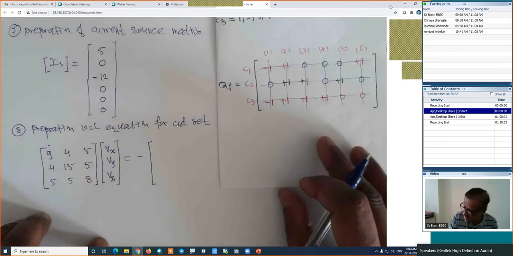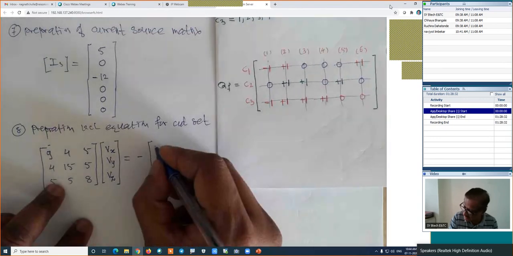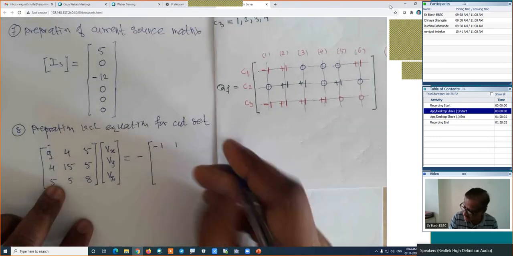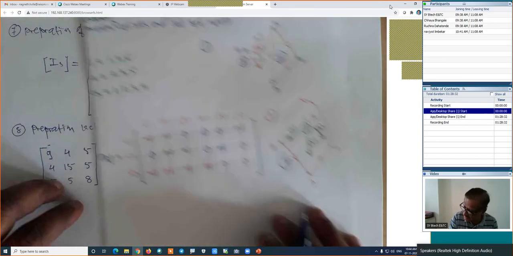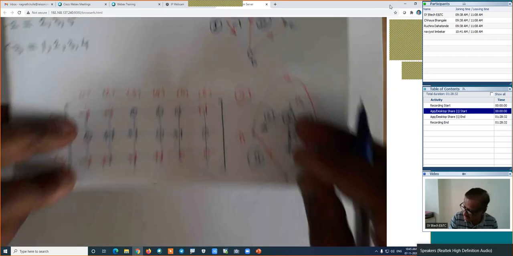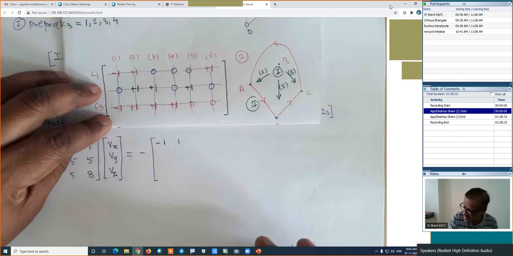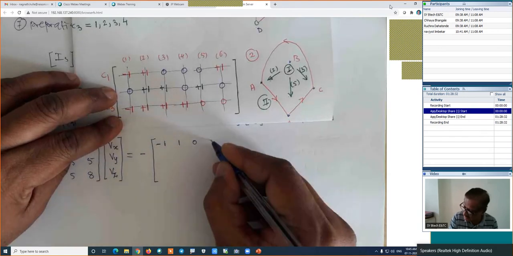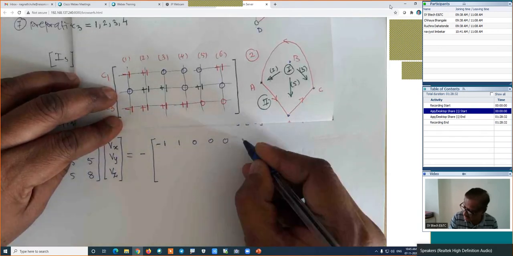This is QF. Here it is minus 1, this is plus 1, then entries are 0, 0, 0. This is minus 1, plus 1, this value will be 0, this is 0, this is 0 and it is a plus 1.